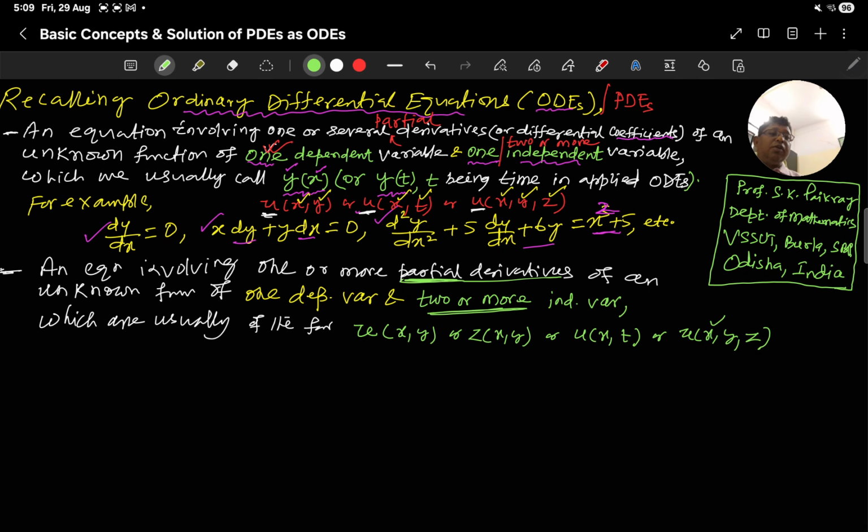Here it involves three independent variables. It involves two independent variables, one being the time. So in applied PDE, there must be a time variable here, t. Clear?